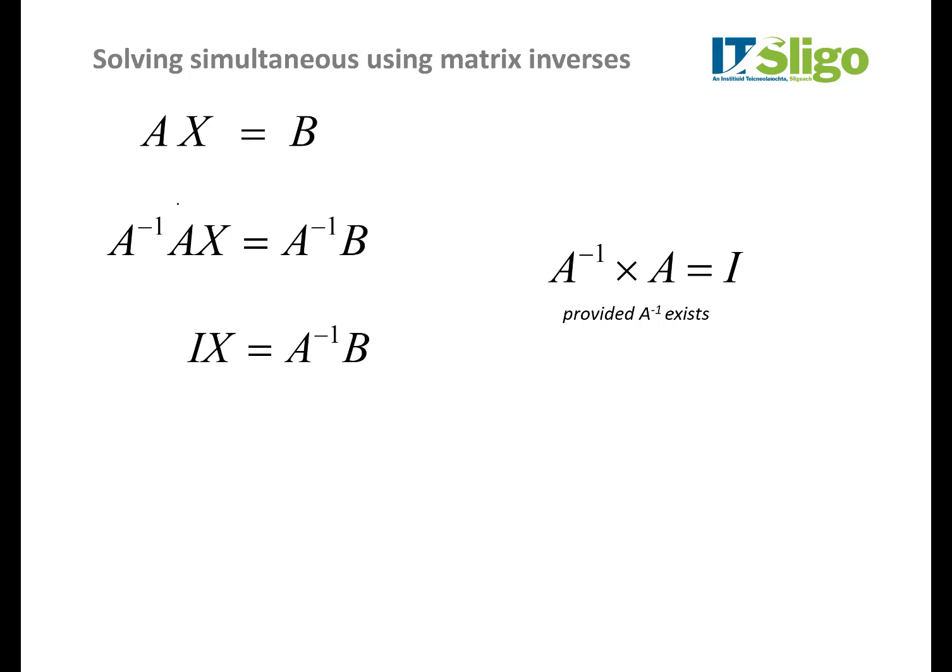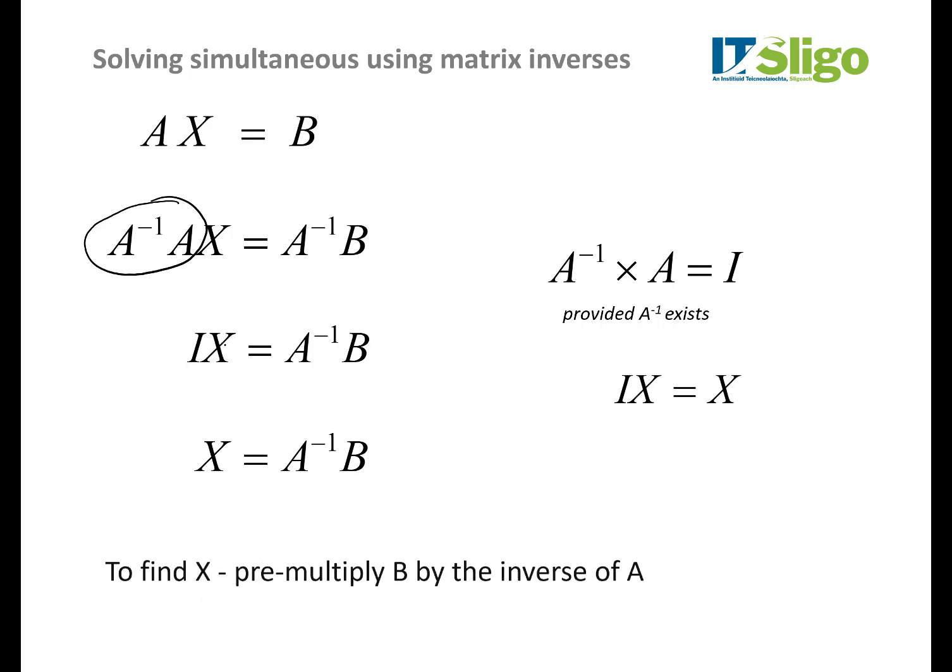So now these two bits here will become the identity matrix. As I said earlier then, any matrix x by the identity will always just give me back x. So the left hand side will now just look like this. So now to find x, pre-multiply B by the inverse of A. So the order in which we do things, guys, is very important.